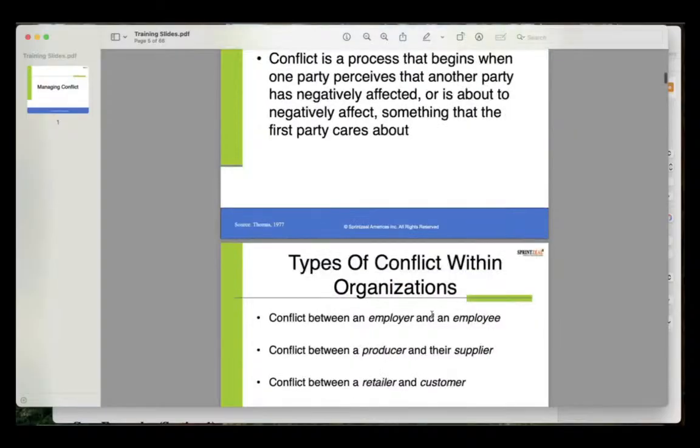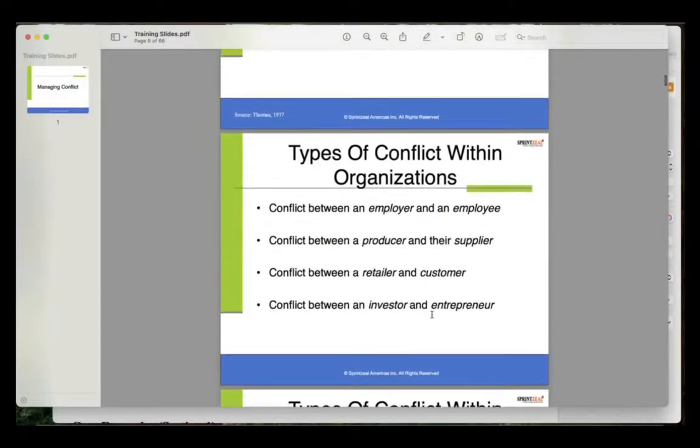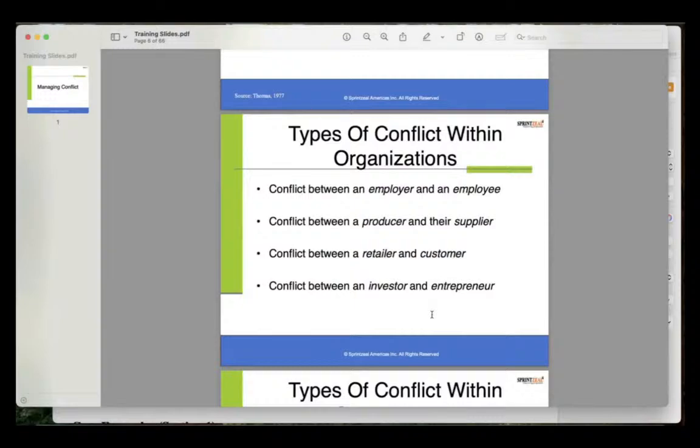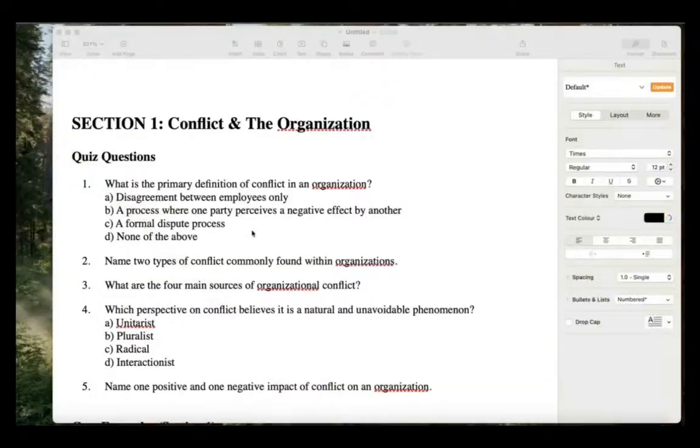So types of conflict we have discussed. These are the four types of conflict that we have discussed: between an employer and employee, a producer and their supplier, retailer and customer, an investor and entrepreneur, right? So this was the question.